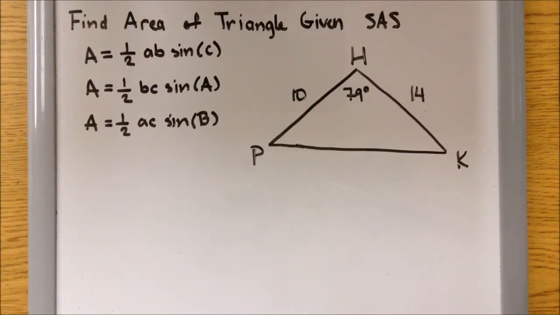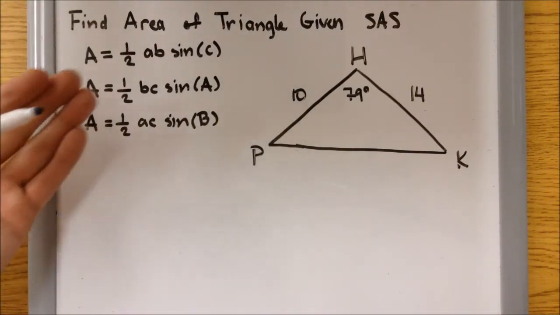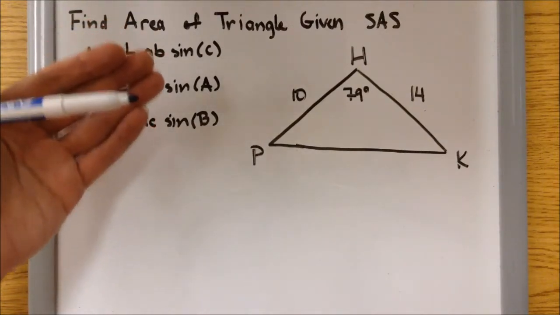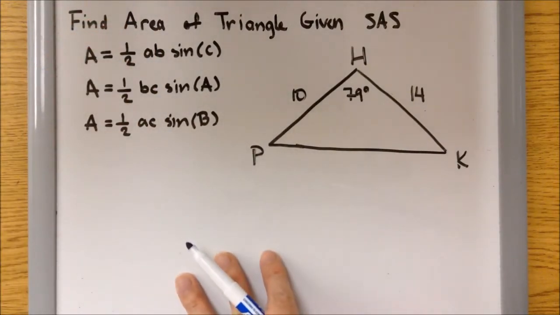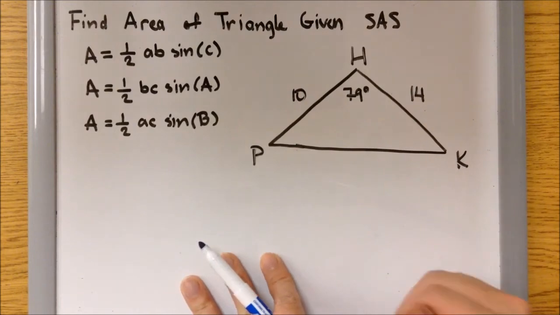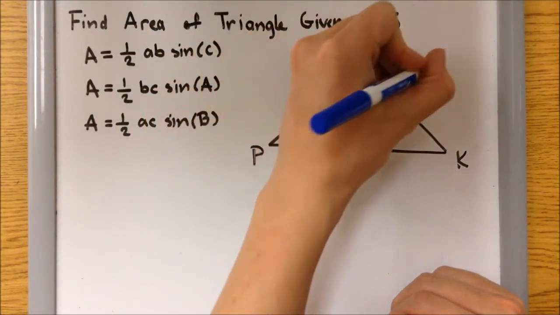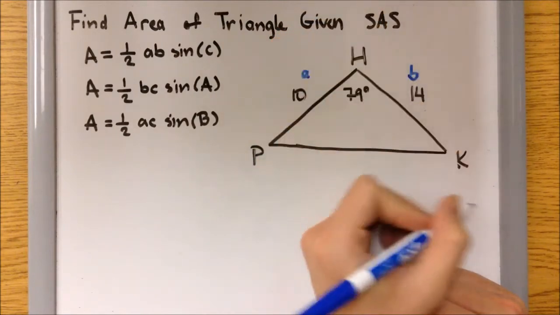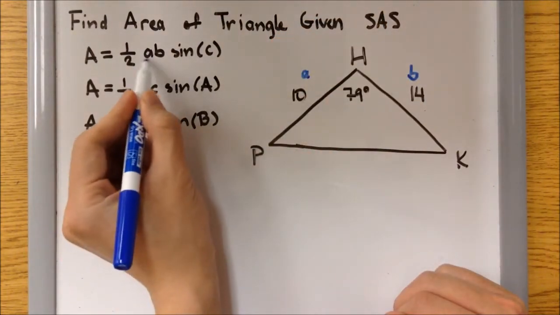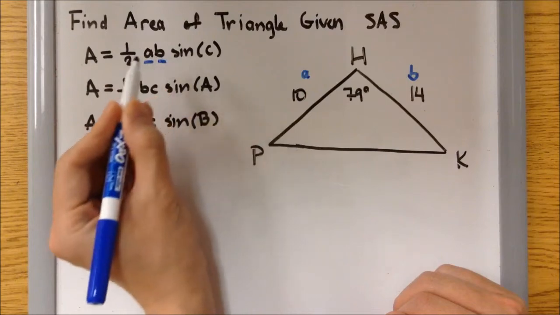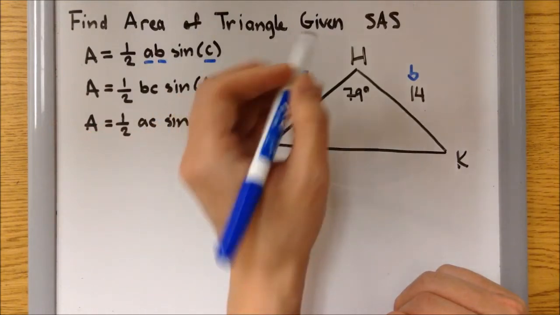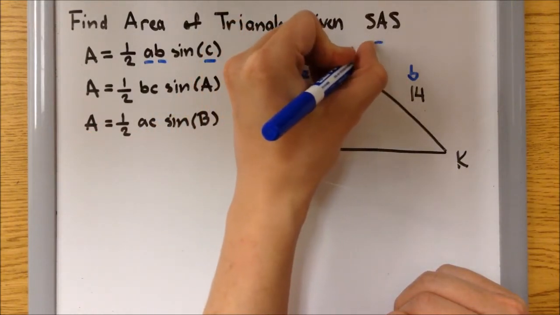Now, even though it used lowercase a, b, c and capital A, B, C, you can still relabel them. Now, this will be my lowercase a, my lowercase b. So I'm using, say, the first one. Then this will be my capital C, which is where H is.